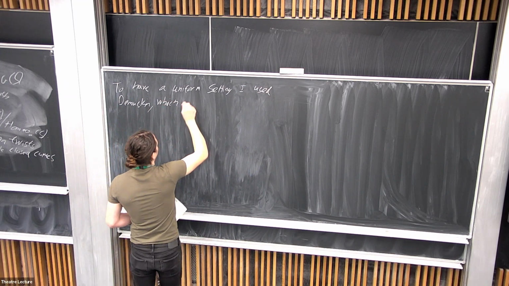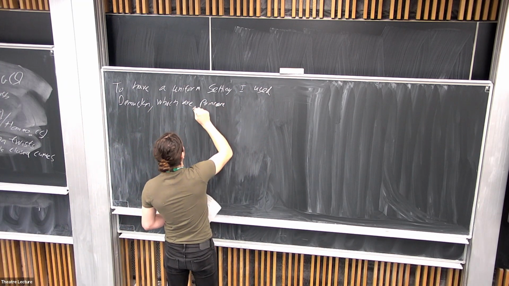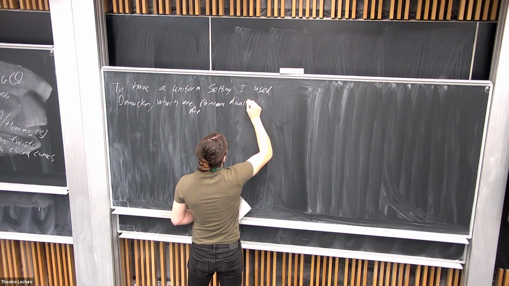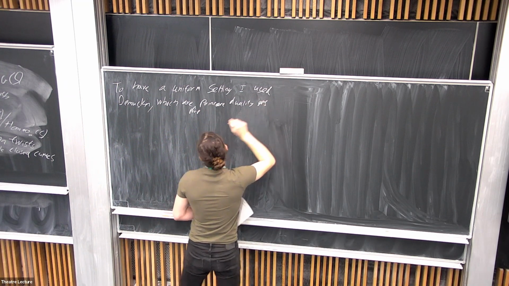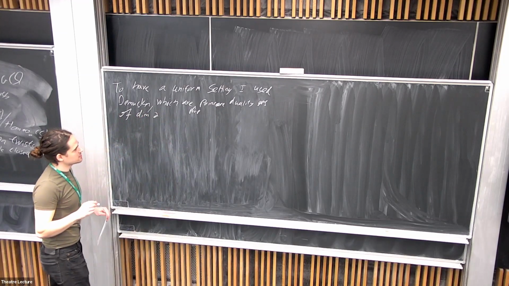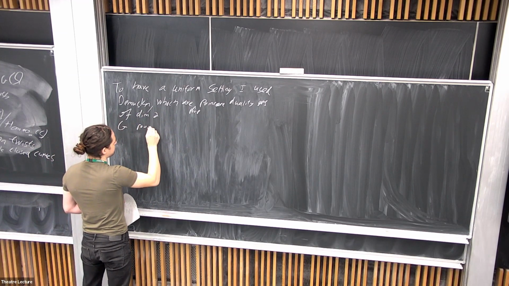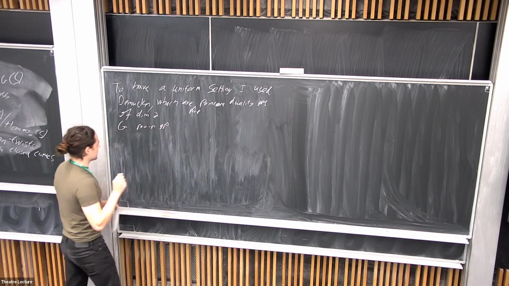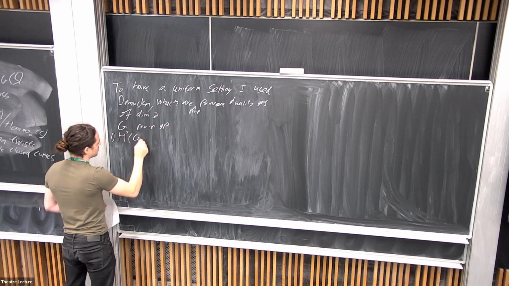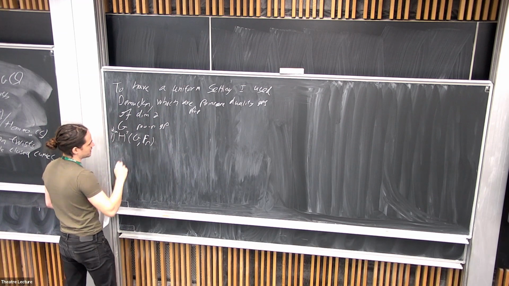So these are duality groups, maybe pro-p duality groups, of dimension 2. What do I mean by that? Let G be some pro-p group with the following properties. I want H^1(G, F_p) to have some finite dimension.